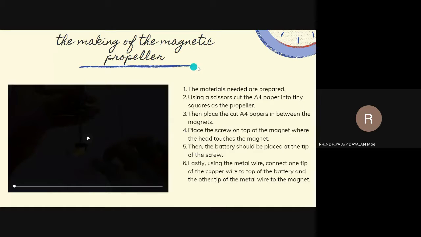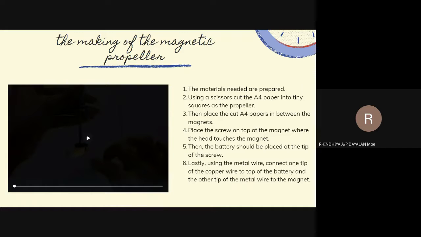If you notice, first I prepared all the materials that I've shown just now, and then you cut the paper into tiny squares, and these papers are placed between the two magnets. There was a screw, and also another wire. You know that screws are conductors, right? So why do you need the screw when you have the metal wire to conduct the energy?